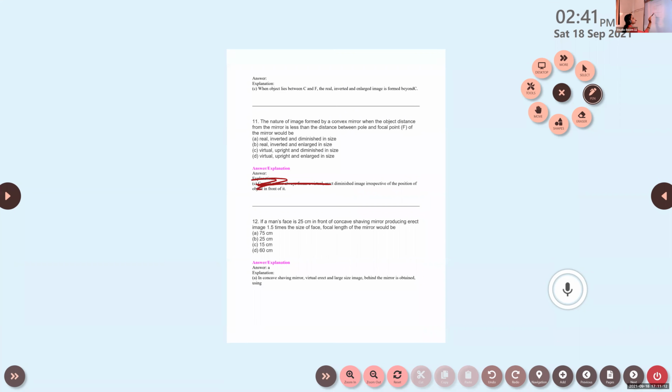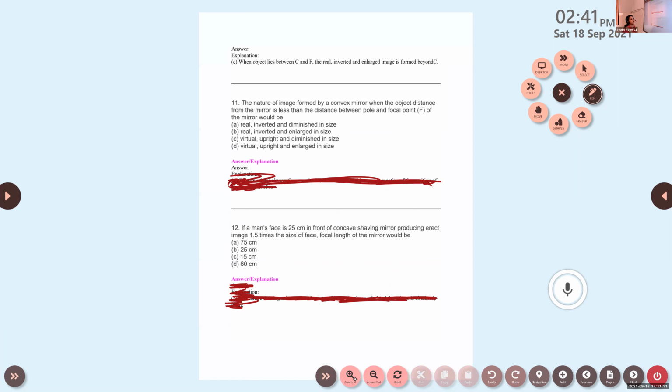Then next question. Read the question. The nature of the image formed by a convex mirror when the object distance from the mirror is less than the distance between the pole and the focal point of the mirror would be: A, real, inverted, and diminished in size; B, real, inverted, and enlarged in size; C, virtual, upright, and diminished in size; D, virtual, upright, and enlarged in size.